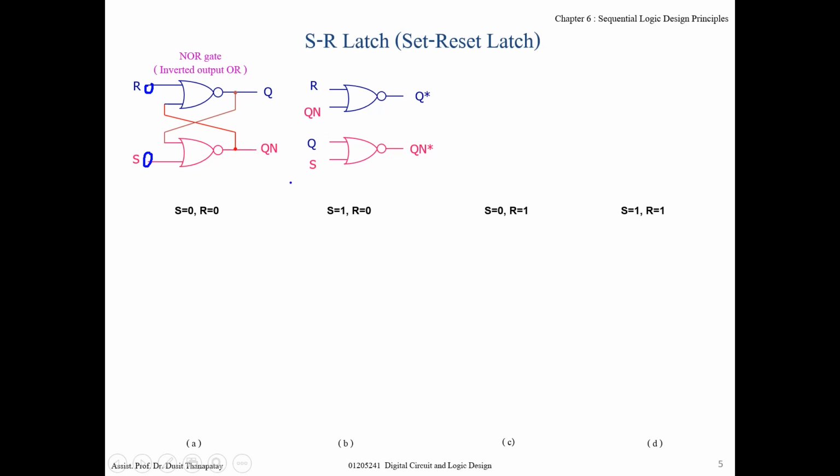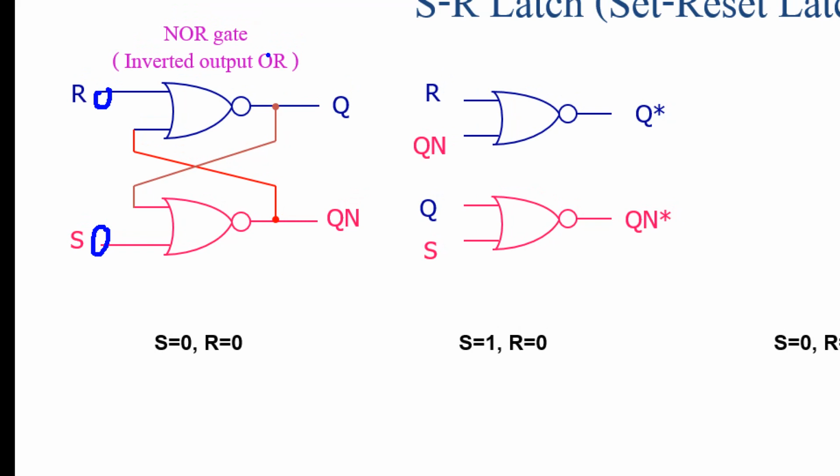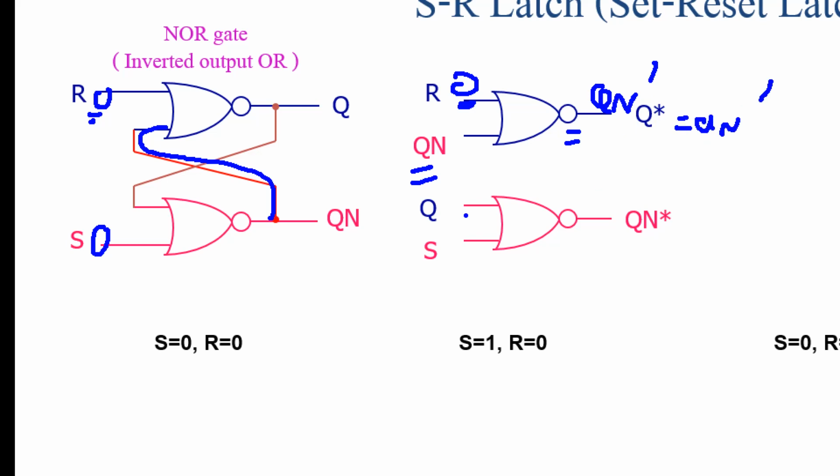When R is 0, this is 0 or Qn, which is Qn, and when inverted it is Qn prime, right? So Q star is Qn prime.